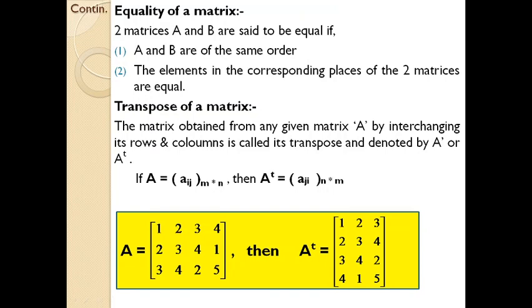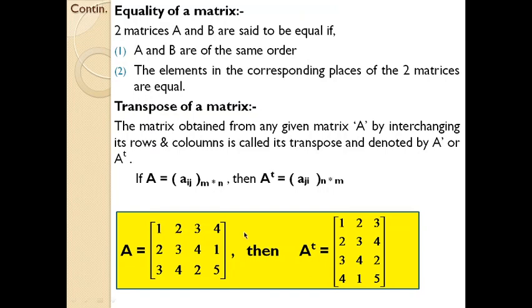So when you are asked to prepare a transpose of a matrix and you are given a matrix, you just interchange the rows and columns of the first matrix and create a new matrix. It is known as transpose of a matrix. You just understand the concept. We will discuss this part in depth at the application level.